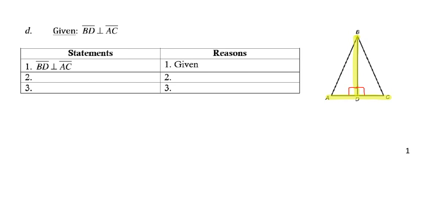So I already have the first statement. BD, segment BD is perpendicular to segment AC, that's given. What do I get? I get that angle BDA is a right angle. And how do I know that? Is because that is what the definition of perpendicular line says.